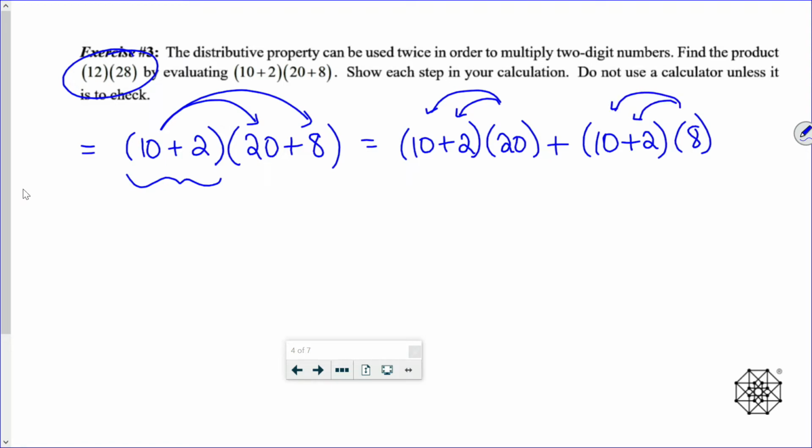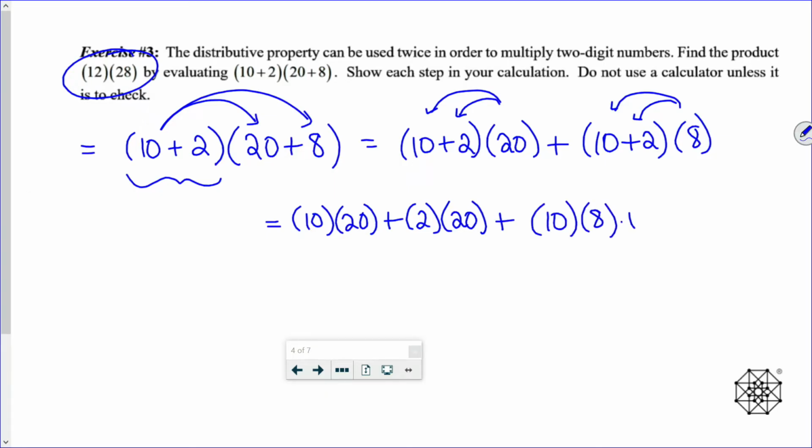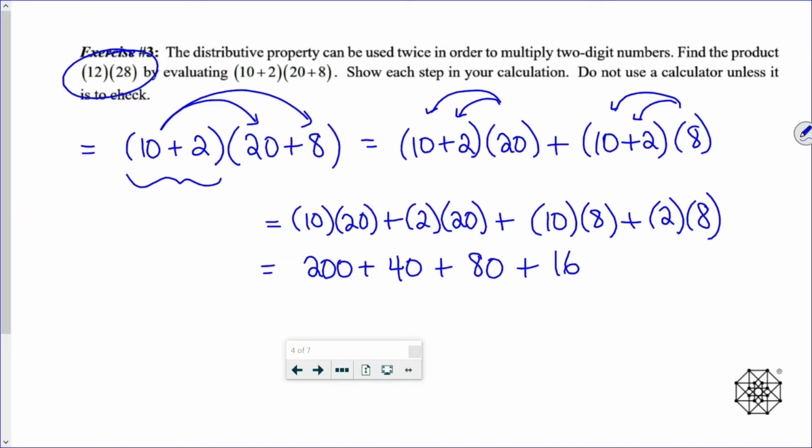and I end up getting, give myself a little more room, 10 times 20 plus 2 times 20 plus 10 times 8 plus 2 times 8. And now we just have to figure out all these products. 10 times 20 is 200. 2 times 20 is 40. 8 times 10 is 80. 2 times 8 is 16.